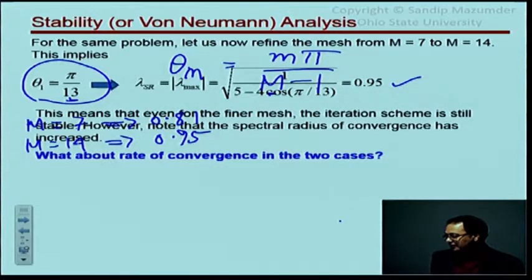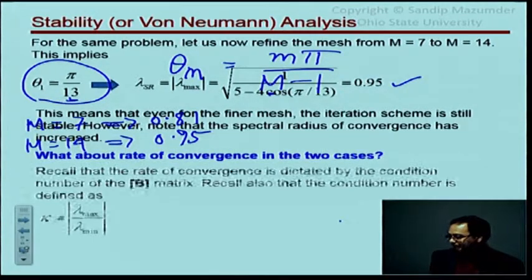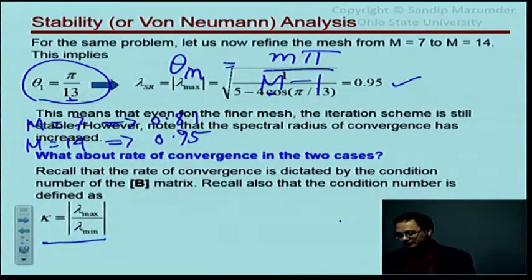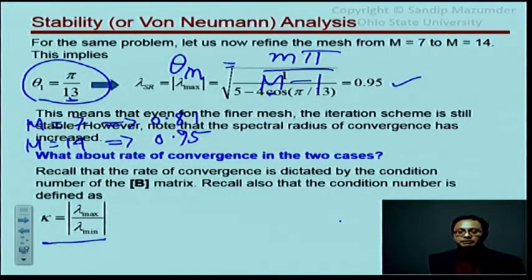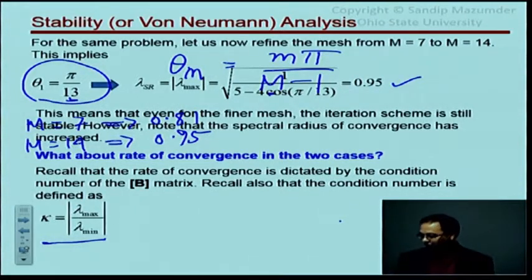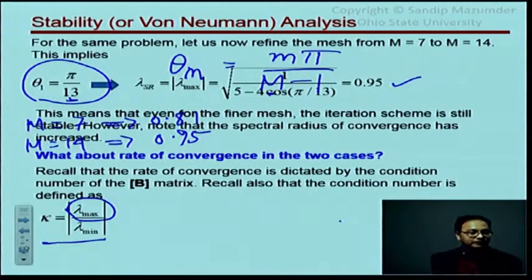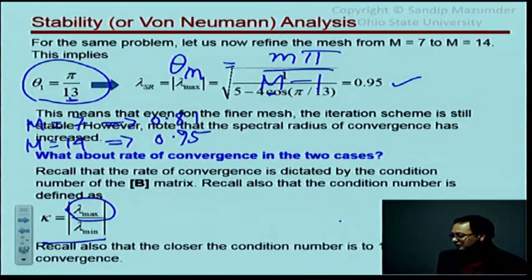What about the rate of convergence in the two cases? Now, the rate of convergence depends on this ratio. We talked about this, the condition number of the B matrix. We've already calculated the numerator. Let's now calculate the denominator.